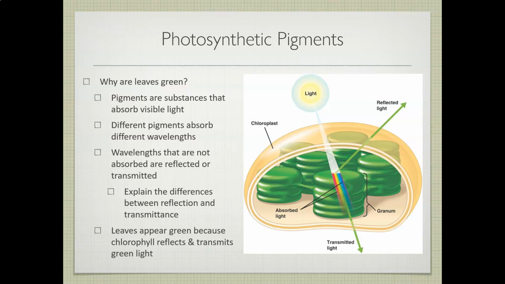Okay, and so that reflected light gets bounced back up to your eye, and then you've got these things called cones, so light sensitive cells in your eyeball that are capable of detecting different colors depending on which of them get stimulated, right? So you actually have red, green, and blue cones.